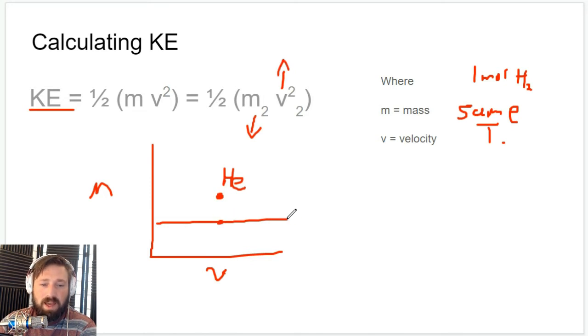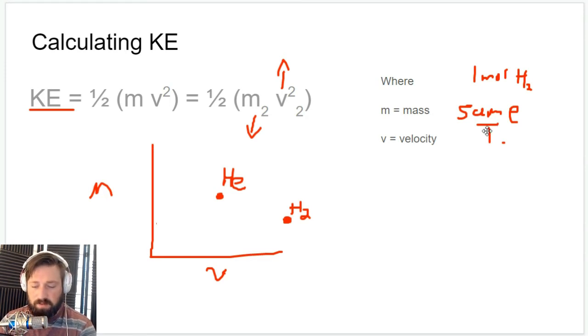So I must have a higher velocity than that of helium. So my H2 should be roughly here because it's less than helium in terms of mass, and it's going to be moving faster than helium because it has the same kinetic energy, because it has the same temperature.